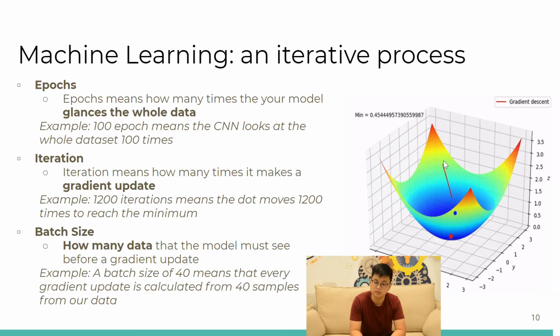It sees 40 samples and then goes down the hill, 40 samples and then goes down the hill. It might not go through the exact same trajectory that is being illustrated. It might zigzag, and then ultimately it goes to the bottom. But approximately you can expect that the learning algorithm will converge to the local minimum.